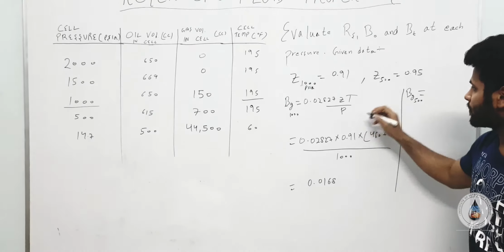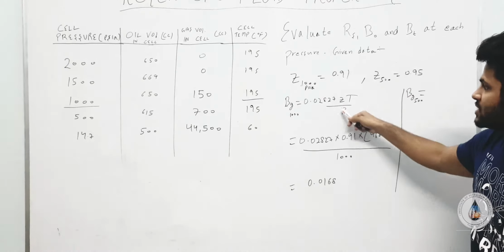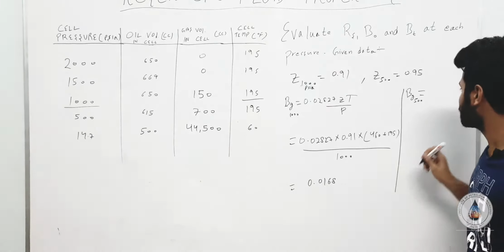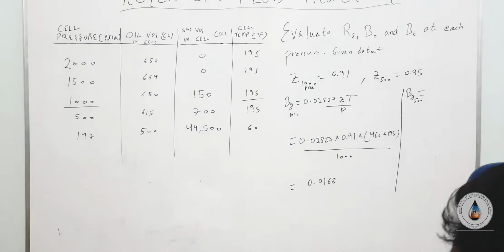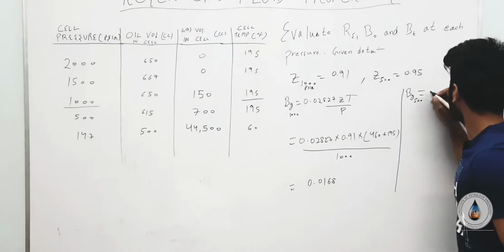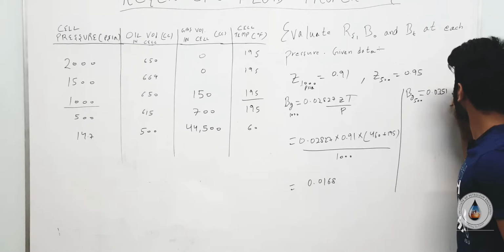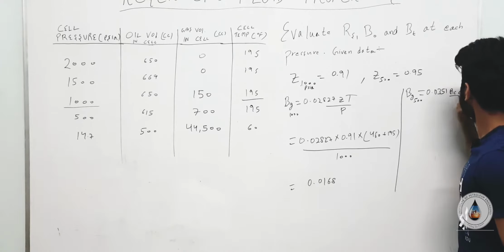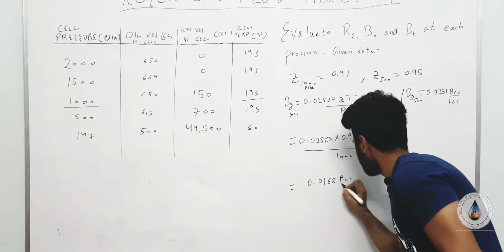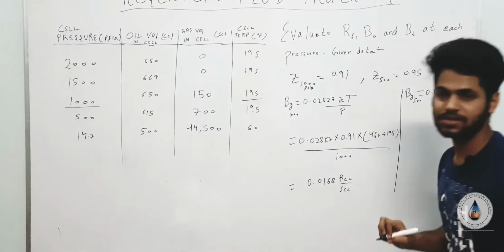Same formula, value of Z will change, temperature will remain same, pressure will be 500 psia. So if I calculate it, I'll get a value of 0.0351 reservoir cc upon surface cc. Similarly here the units are reservoir cc upon surface cc.